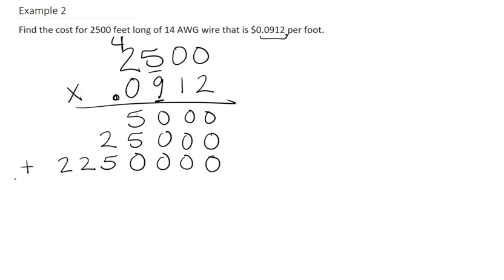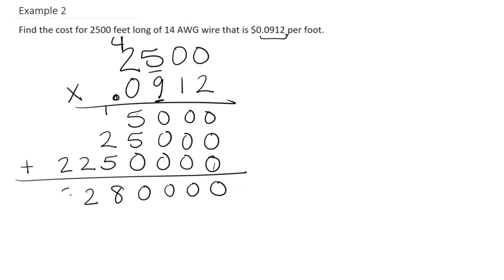So we can go ahead and add all these. These zeros all line up, add up to 0. 0 plus 0 is 0. 0 plus 0 plus 0 is 0. 5 plus 5 is 10. Carry the 1. 1 plus 2 plus 5 is 8. Then we have 2, 2.